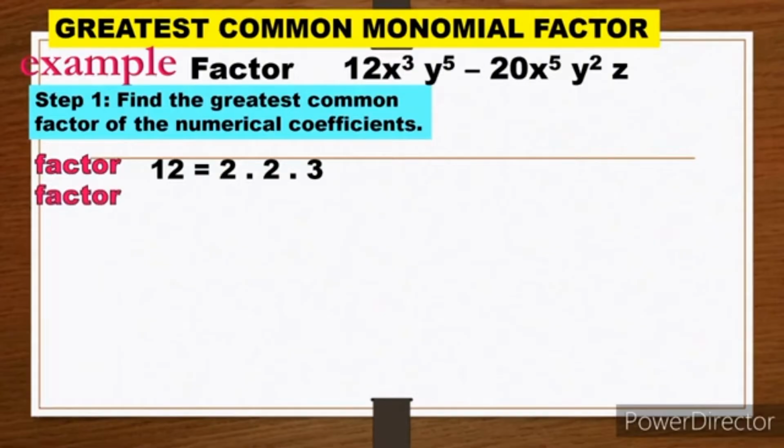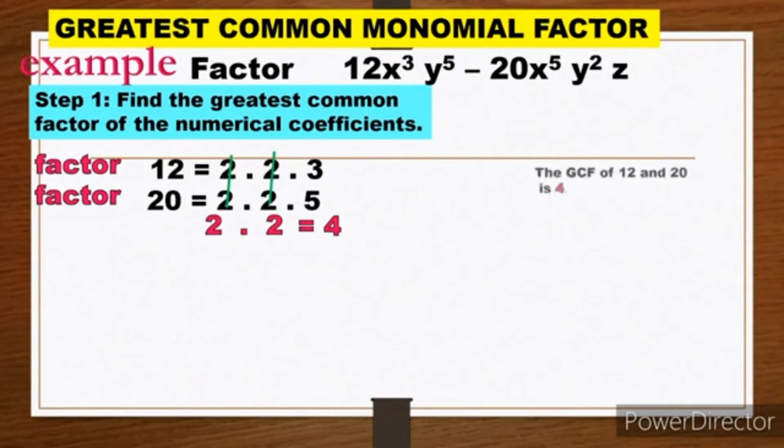And the factor of 20 is 2 times 2 times 5. Then we find the common: 2 and 2. Multiply 2 times 2 equals 4. So the GCF of 12 and 20 is 4.